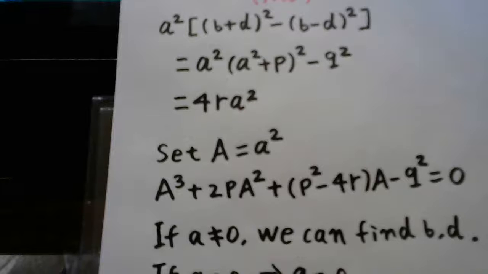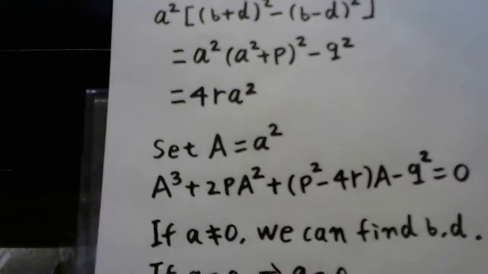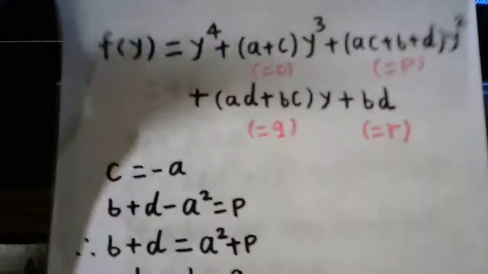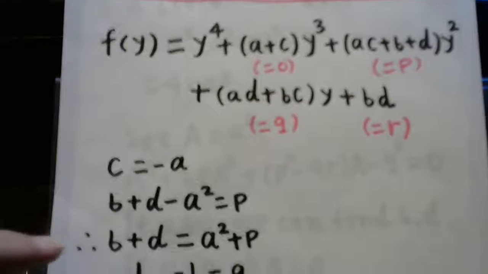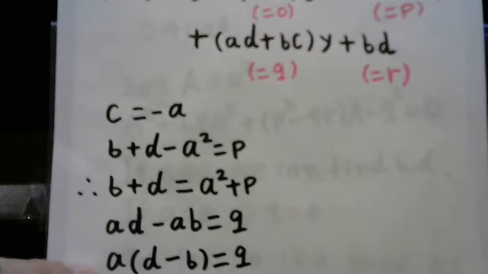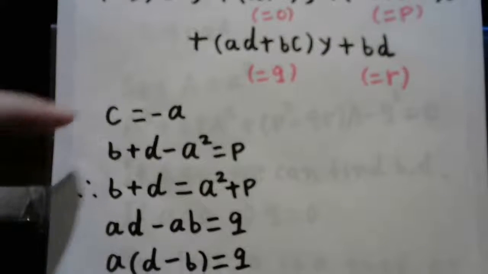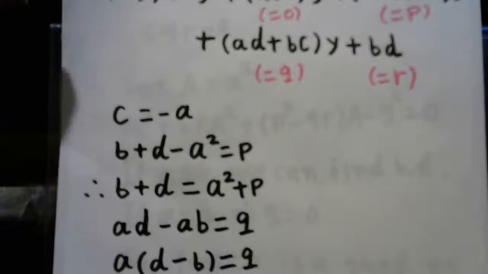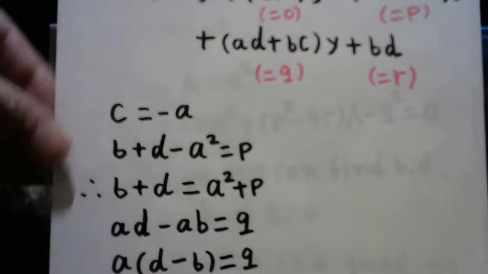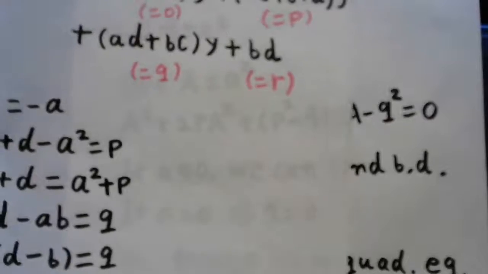If a is not equal to 0, we can find b and d from this and this. From this, we can find a, b, c, d.